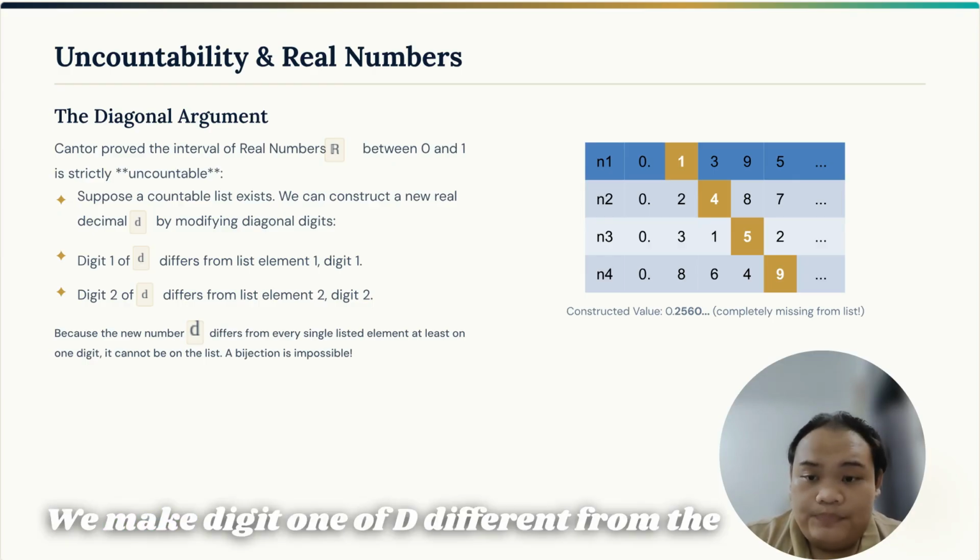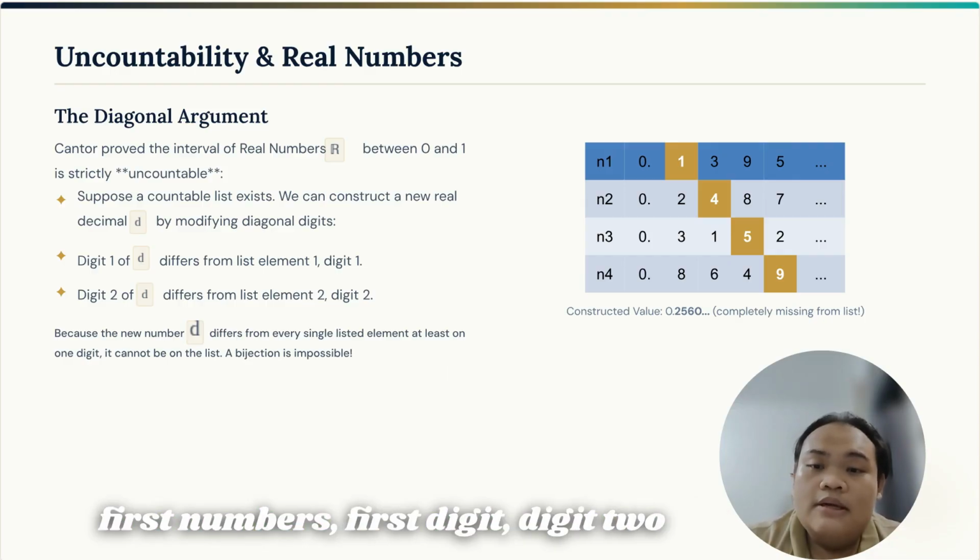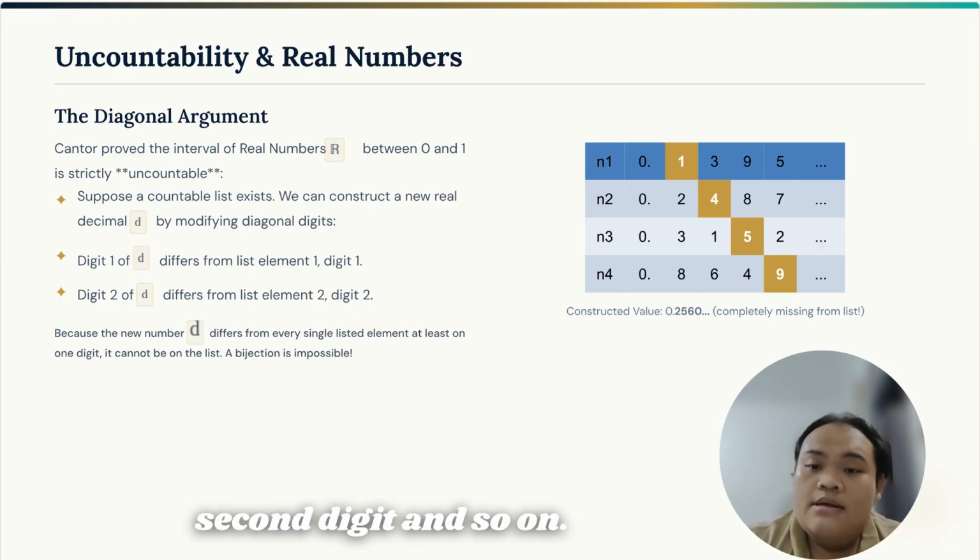We make digit 1 of d different from the first number's first digit, digit 2 different from the second number's second digit, and so on.